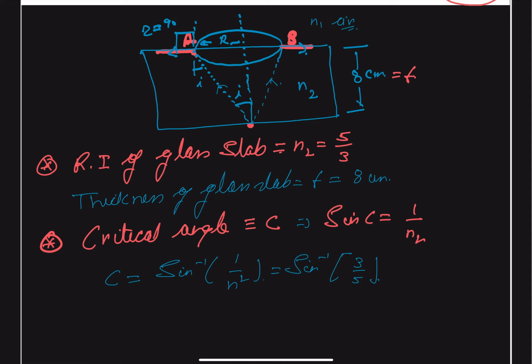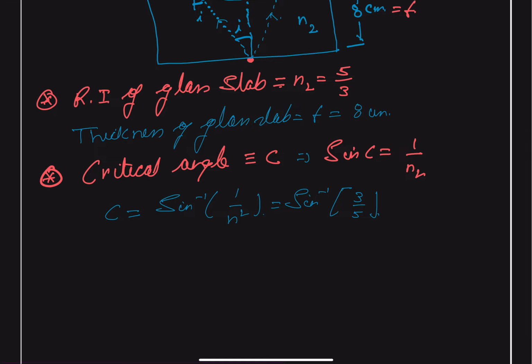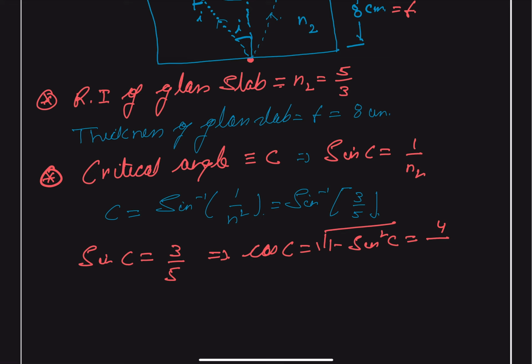And from here we can say that sine of C will be equal to 3/5, and from here we can write cos of the critical angle as the square root of 1 minus sine square of C, and this comes as 4/5.